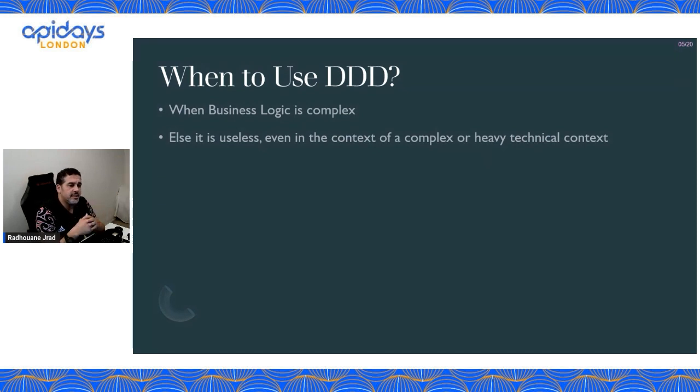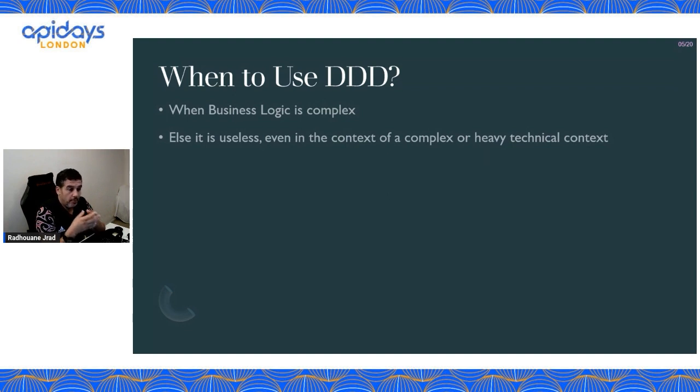But if the business logic is complex, for example corporates, insurance companies, banks, multinational companies and whatnot, these are the higher cases. Even local companies with complex business logic can definitely profit from domain-driven design.